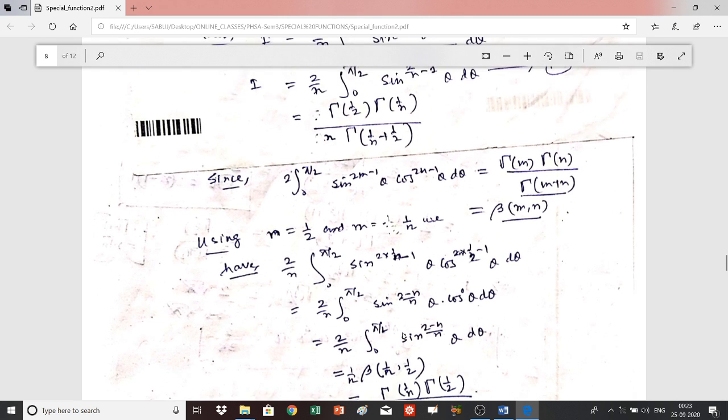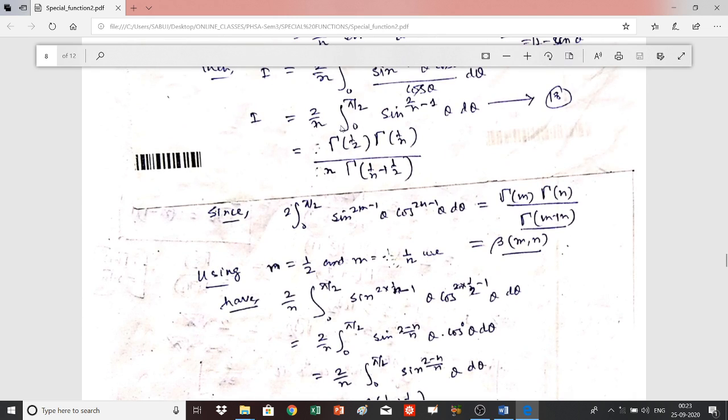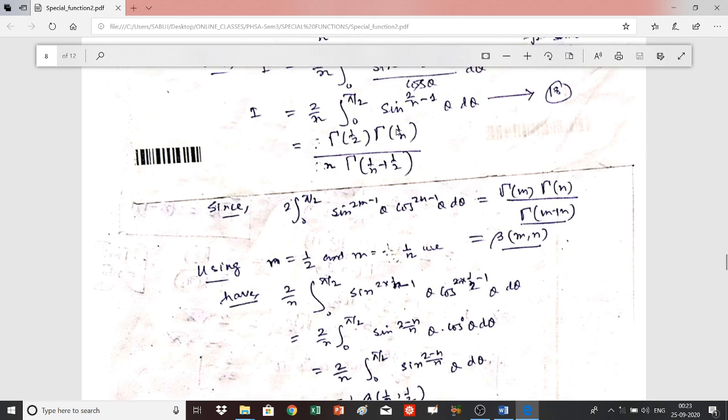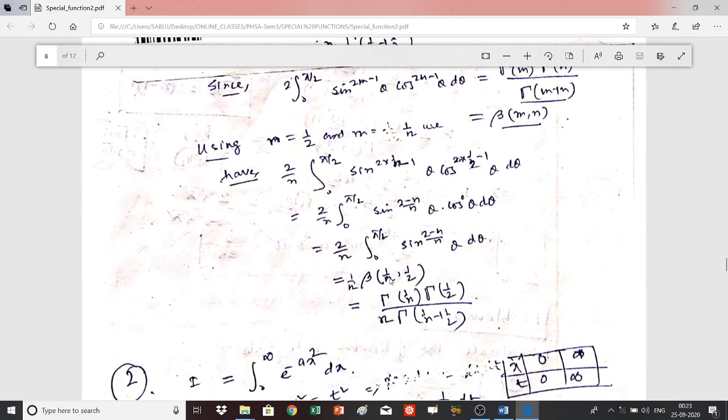So the value of 2 into the integral 0 to pi by 2 of sin to the 2 by n minus 1 theta d theta is actually beta of 1 by n, half. So using this relation, you will get I equal to 1 by n beta of 1 by n, half.